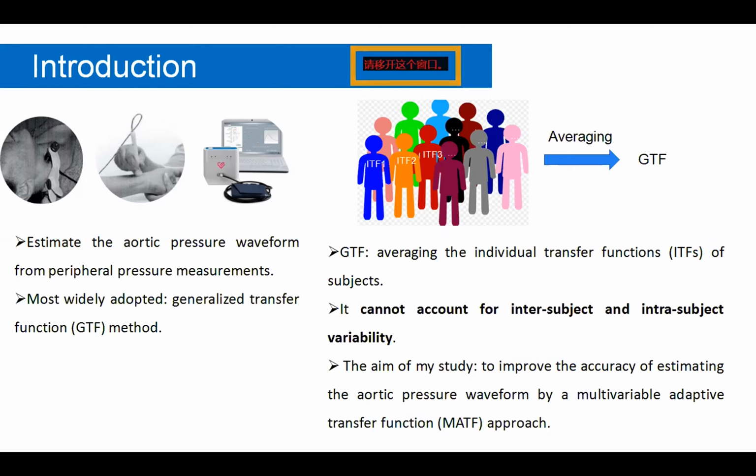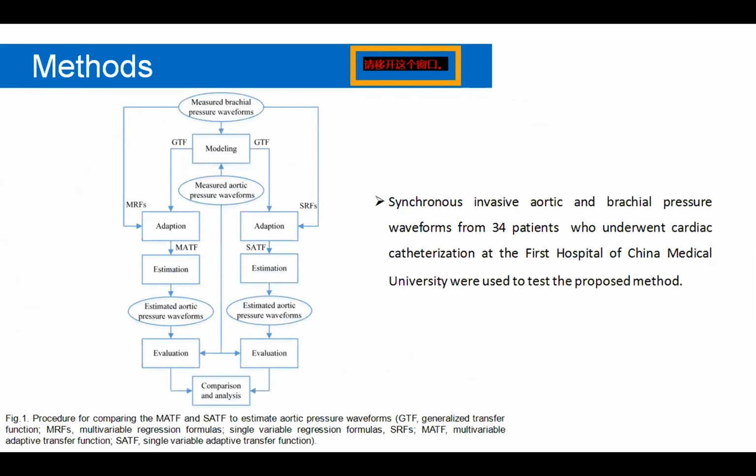In my talk, GTF denotes generalized transfer function, ITF denotes individual transfer function, ATF denotes adaptive transfer function, MATF denotes multivariable ATF, and SATF denotes single variable ATF. I used synchronous invasive aortic and brachial pressure waves from 34 patients.